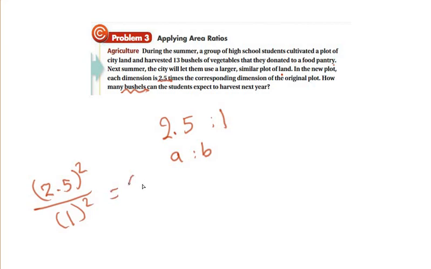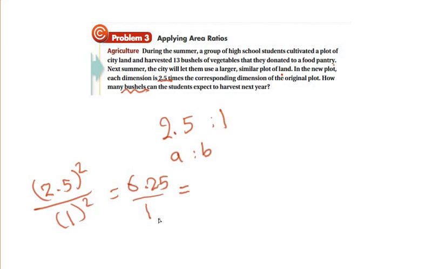This is 6.25 to 1. This is the ratio of their areas. And as the bushels are spread over the area of the land, we need to find the ratio of the bushels using the squared numbers, because they represent the area of that land.